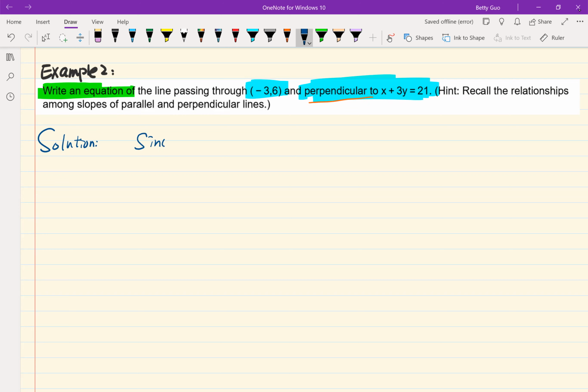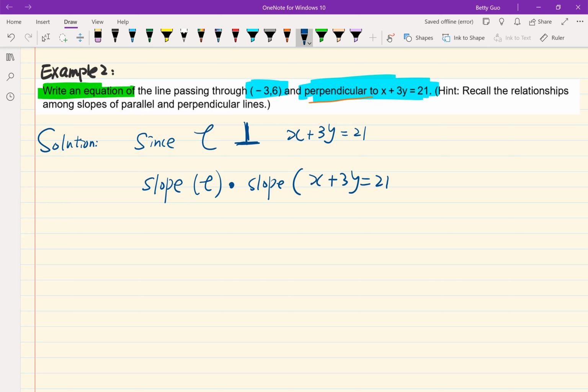Since L is perpendicular to x plus 3y equals 21, the slope of L multiplied by the slope of x plus 3y equals 21 should be equal to -1, right?